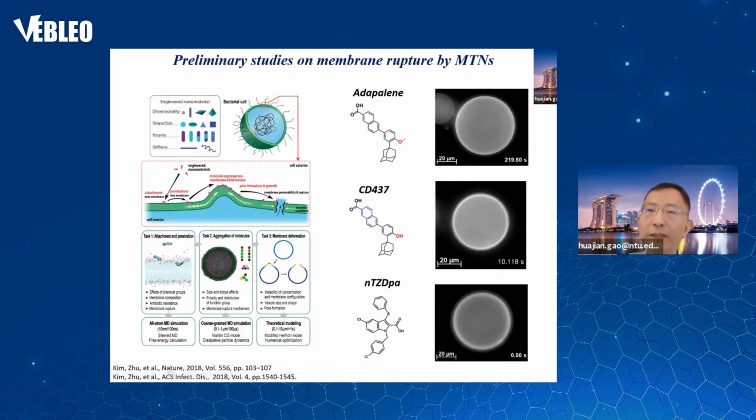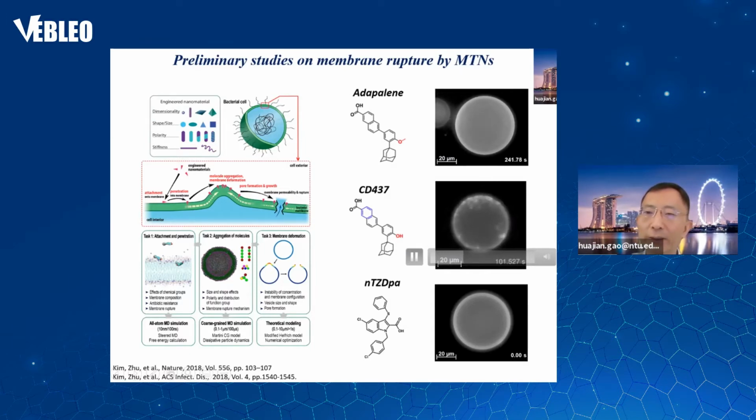But if we expose the cell membrane, this is actually a vesicle mimicking bacteria, to CD437, which has a tiny difference in its chemical root here, now you see a substantial change. The vesicle begins to show domain aggregation. This molecule penetrates into the membrane and aggregates within it.